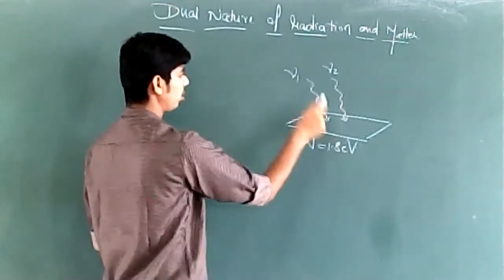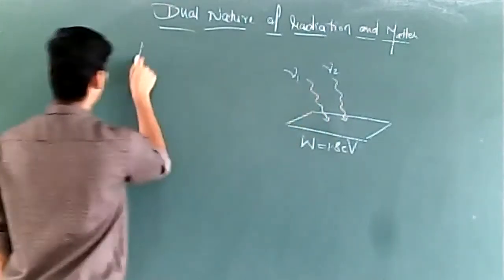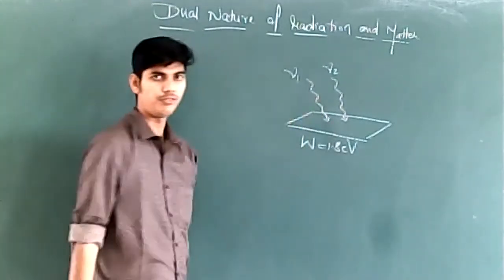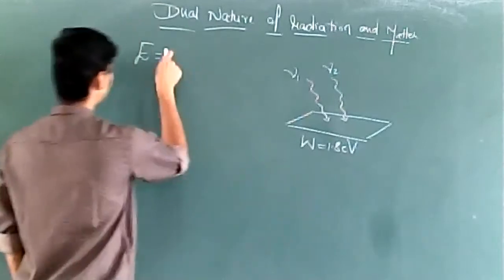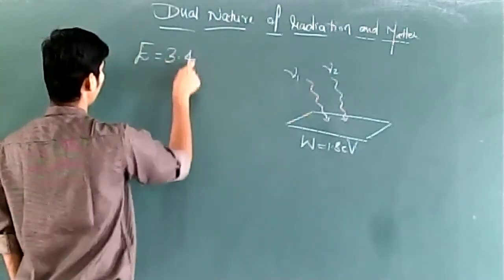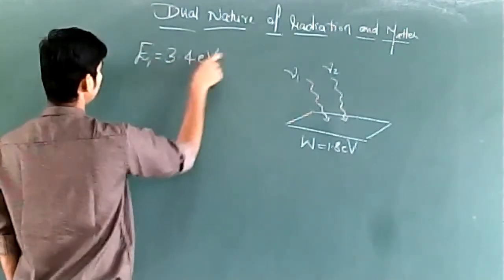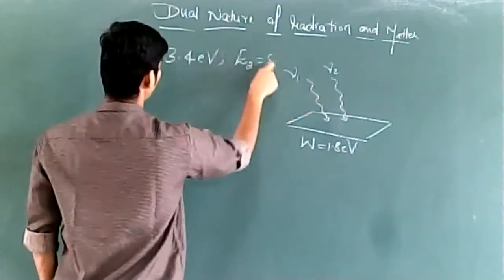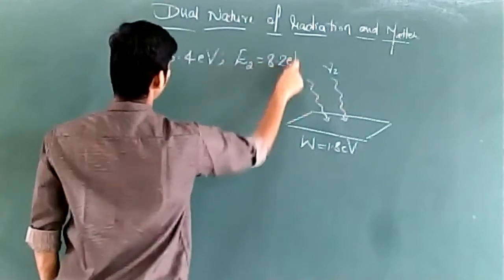This radiation has photons having energies. The energy of photons corresponding to the first radiation is given as 3.4 electron volt, and the energy of the photon corresponding to the second radiation is given as 8.2 electron volt.